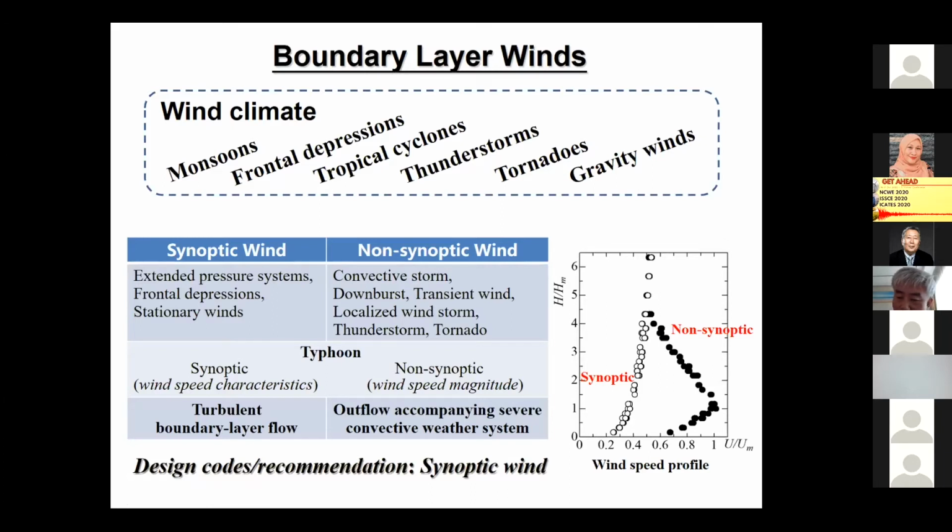So we need to simulate such synoptic wind flow in the wind tunnel. That is why this topic will focus on the boundary layer wind flow. We will not consider tornado, downburst, or such very severe wind phenomena causing wind disasters.